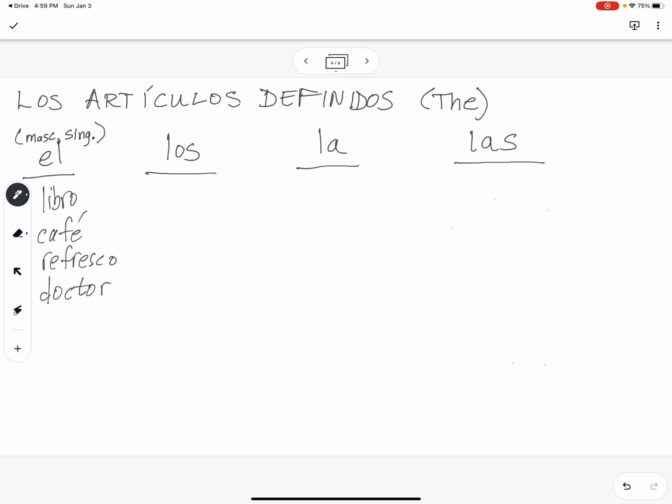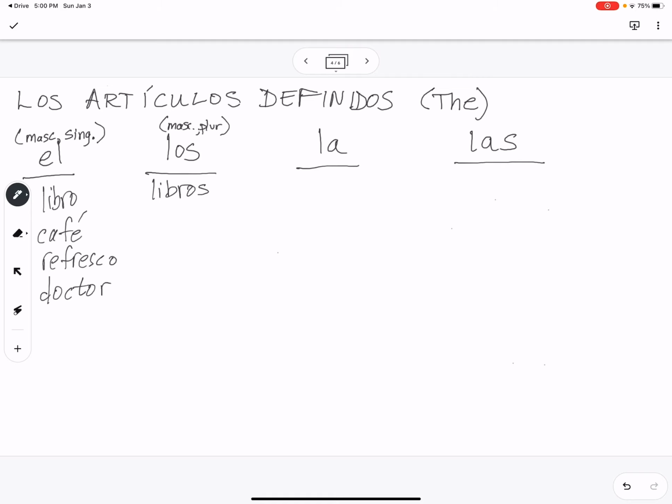If we wanted to talk about a word that was plural and masculine, and we'll make a note of that up here, we would use los. So we could just go straight across and say, if we want to say "the books," we say los libros.